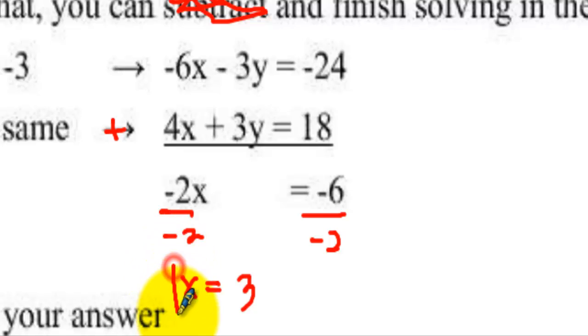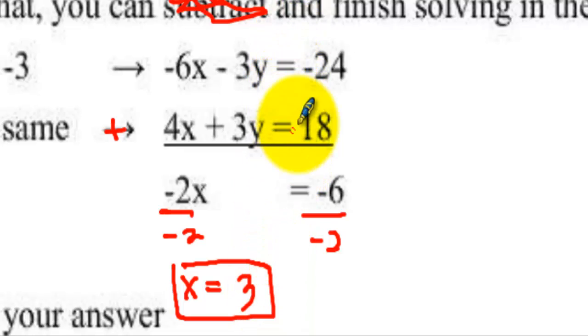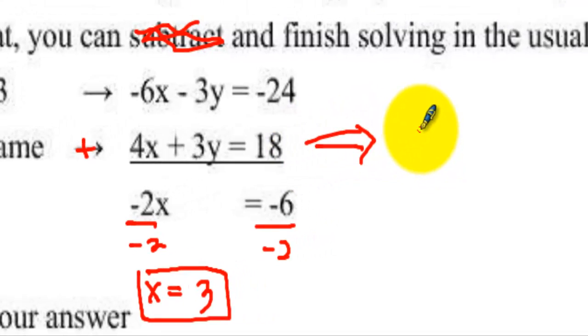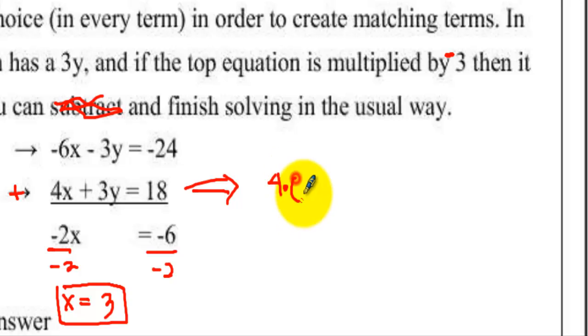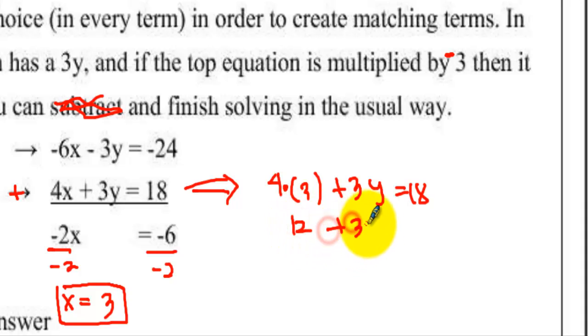Once we have a value for one of the variables, we can now use either one of the equations to solve the other variable. In this case, I am going to use the second equation. So 4 times x plus 3y equals 18. 12 plus 3y equals 18.